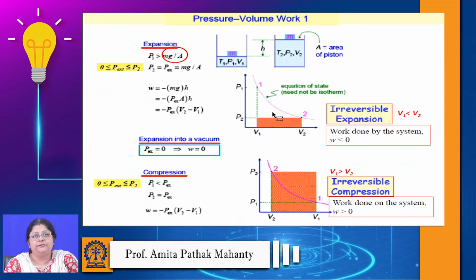This is a process in which the expansion is taking place in one go. That is why I have written P2 times V2 minus V1. If it had been taking place very slowly, I would have to integrate. That would have been a reversible process. When I'm not doing a reversible process, I have a discrete change in volume, and that means this step is occurring in one go.